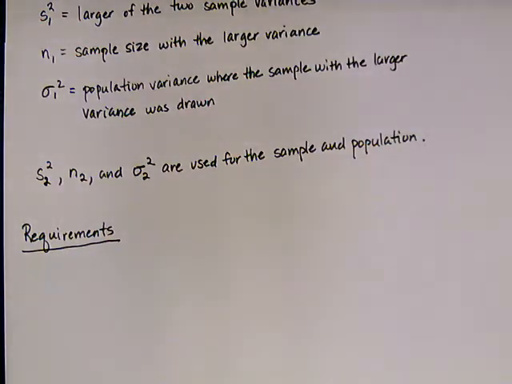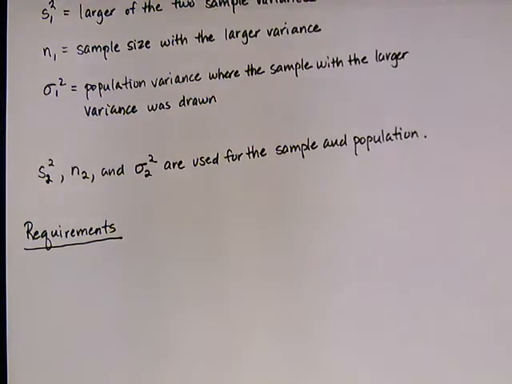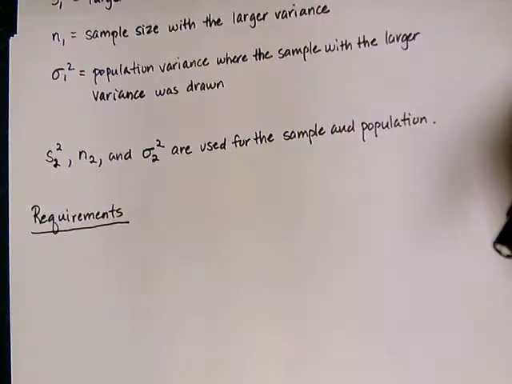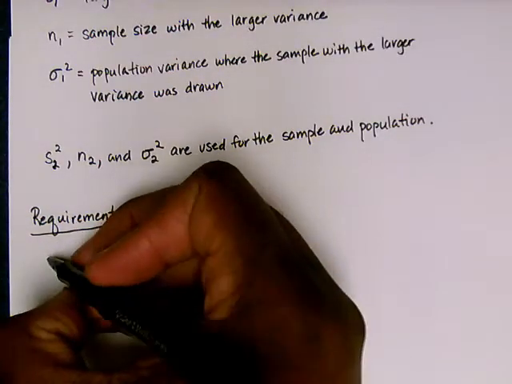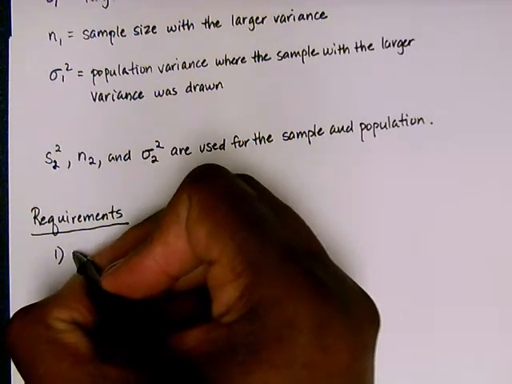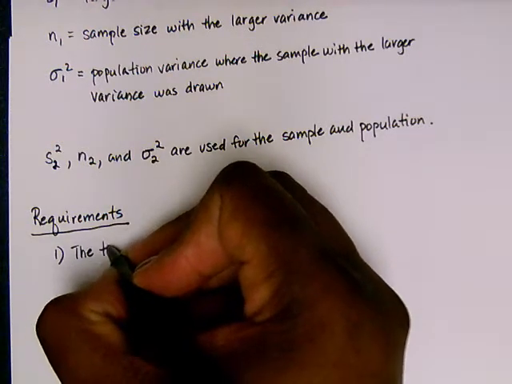Here in this video, we're only going to be concentrating on the hypothesis testing for two variances or two standard deviations. So the first requirement is this: the two populations are independent.